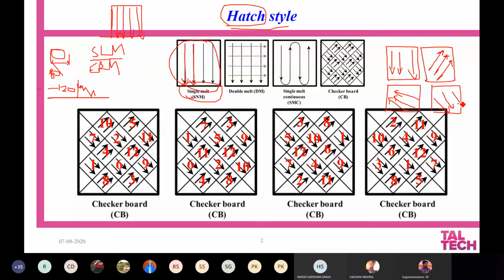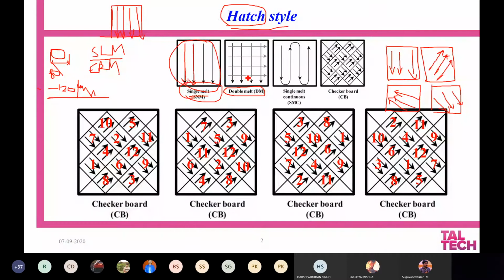Apart from having just a simple melting sequence like this, a single melt hat strategy, people also slowly started to modify the hat strategy melting sequences, where they went for double melting, where the same layer is melted twice. The first time, it may be similar to single melting.